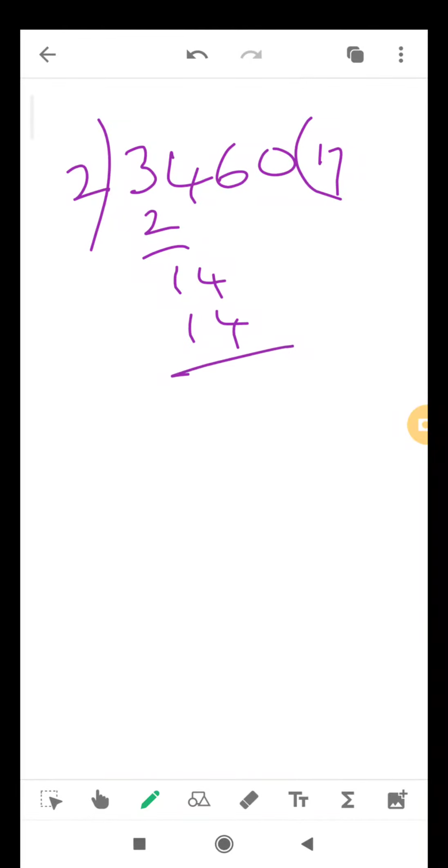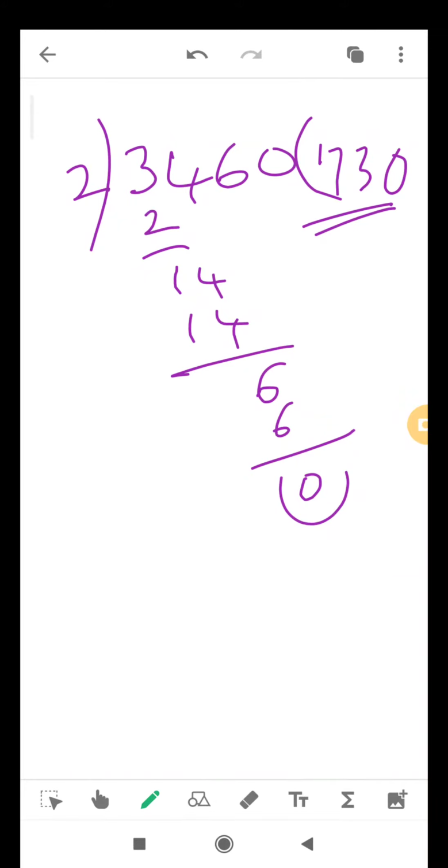Then carry how much? 6. 0 is there. Just put this 0 here directly. Here you can put, or you can bring downside also. We can do the same thing. Here it is 0. This 0 you bring downside. This is 0. This 0 comes here and again 0. That way we can write. Okay. So therefore 3460 is exactly divisible by 2, giving 1730.